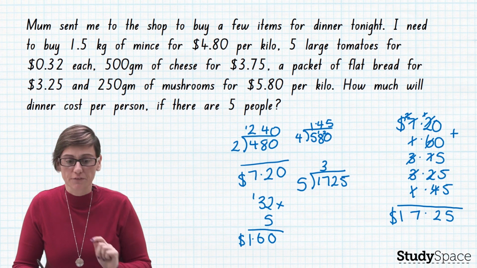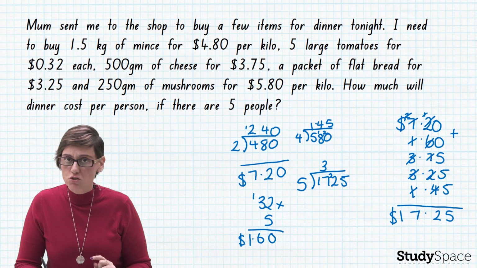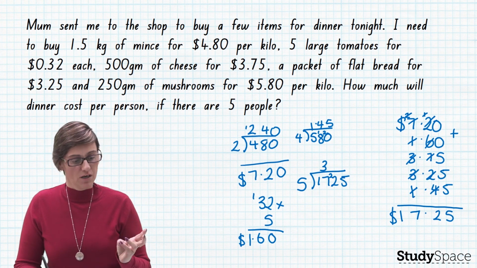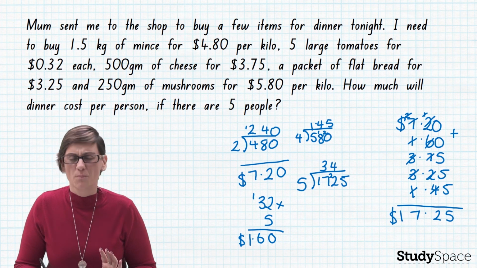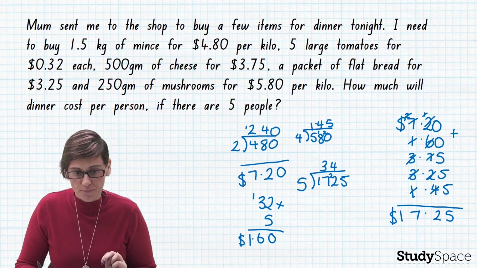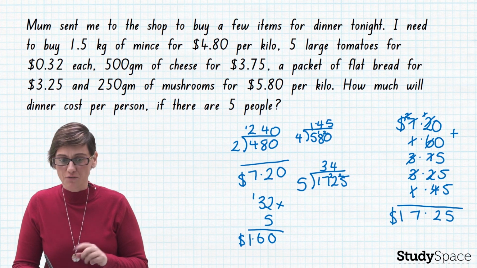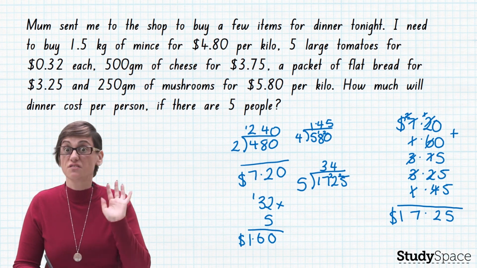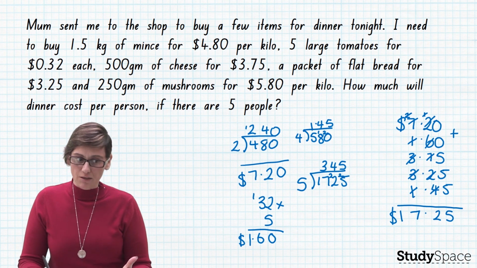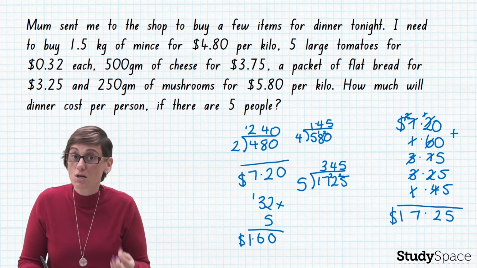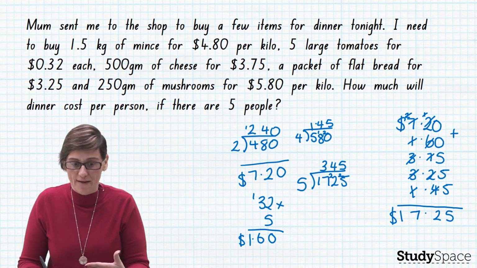And I have 2 left over, so I'll write my 2. 5 into 22 goes 5, 10, 15, 20, goes 4 times, but I have 2 left over. And then 5 into 25, 5, 10, 15, 20, 25 goes 5 times. So dinner will cost per person $3.45. So we need to record our answer.